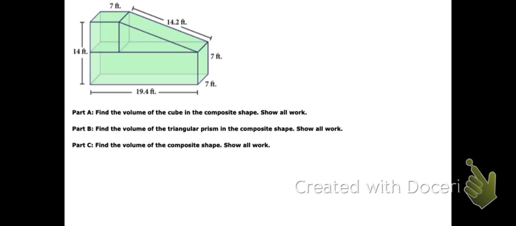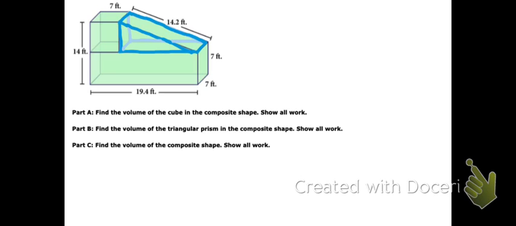Now let's find the volume of the triangular prism. Do you see that? A triangular prism has 2 bases that are both triangles. So here I'm showing one of them, and then there's an identical triangle behind it. And then each of the corners of those triangles are connected.